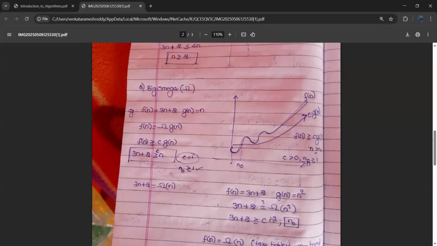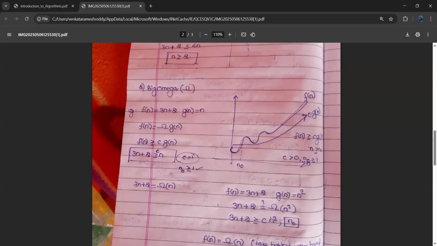See here, f of n equals 3n plus 2 and g of n equals n square. Suppose I have taken this example. Now 3n plus 2 is big O of n square. It means 3n plus 2 is big O of c into n square. Based on the condition, if we take c equal to 1, and we also put some conditions, it should satisfy the given condition.